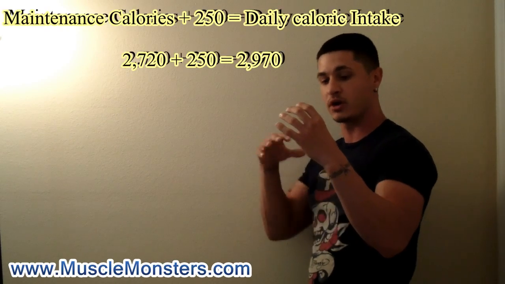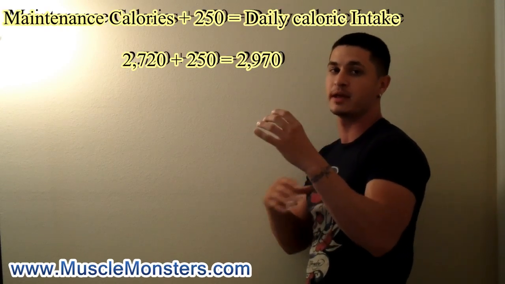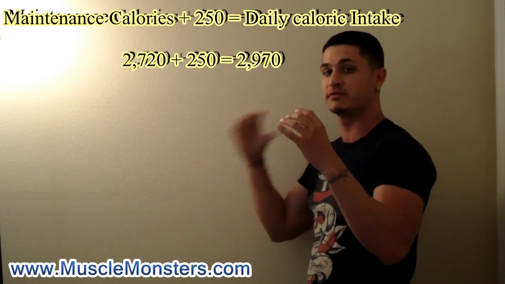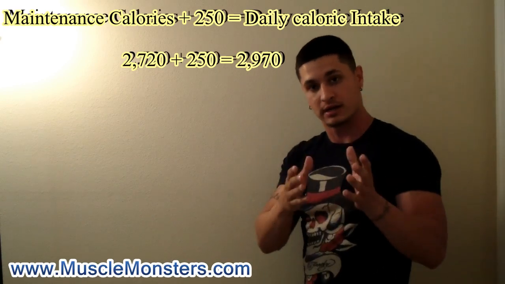You're simply going to take your maintenance calories, in our case the 2720, and add 250 to that. You have anywhere from 100 to 500 to play with, and that is totally up to you, but I'm going to keep it simple at 250.